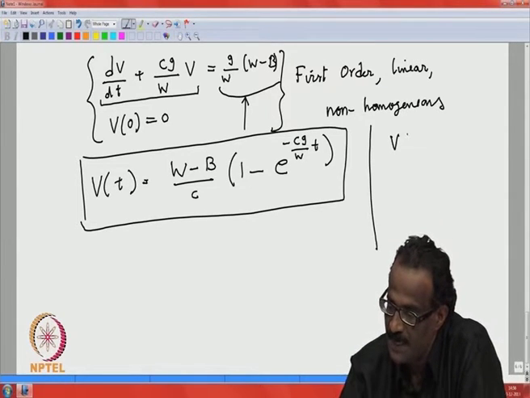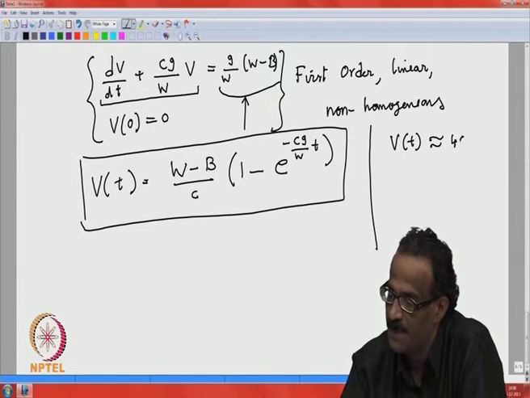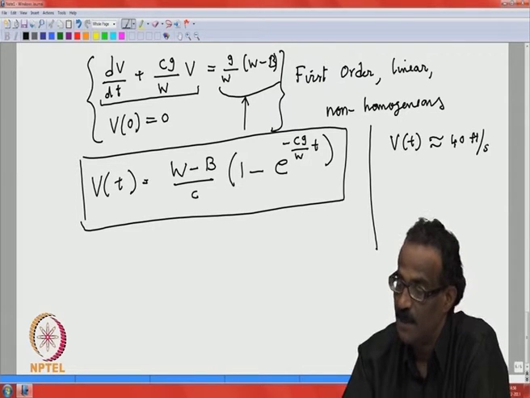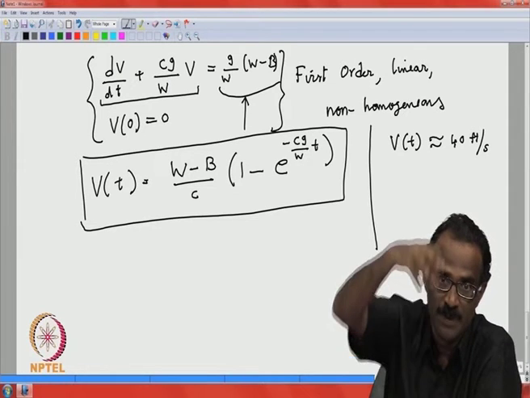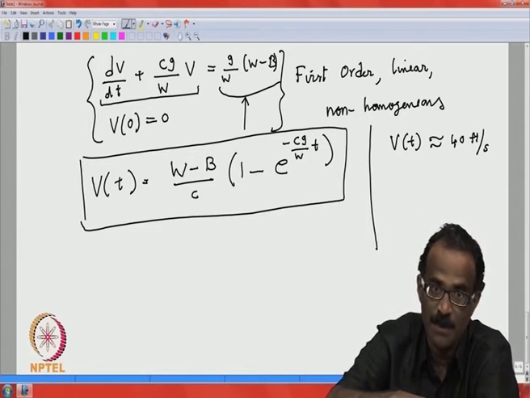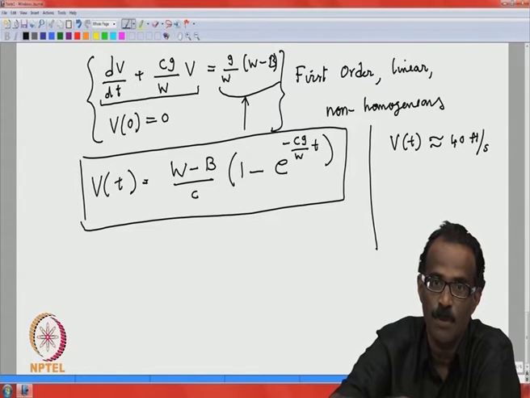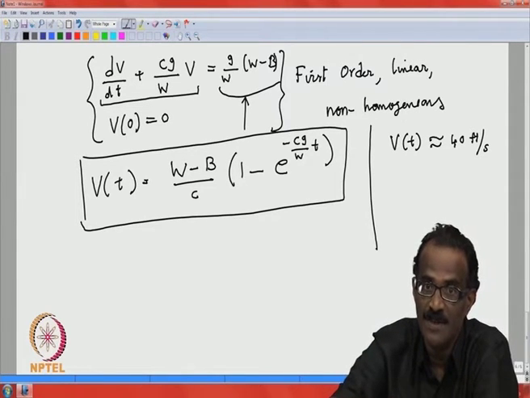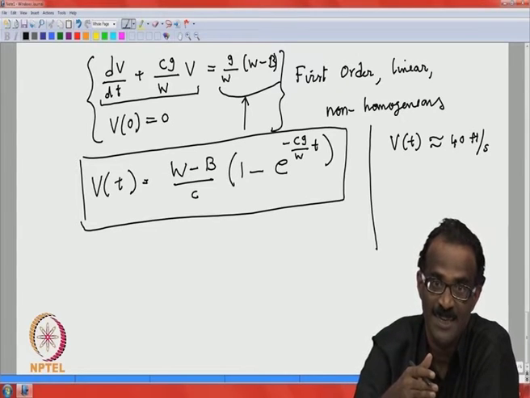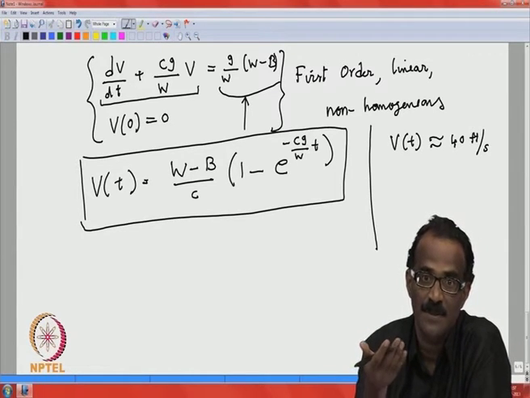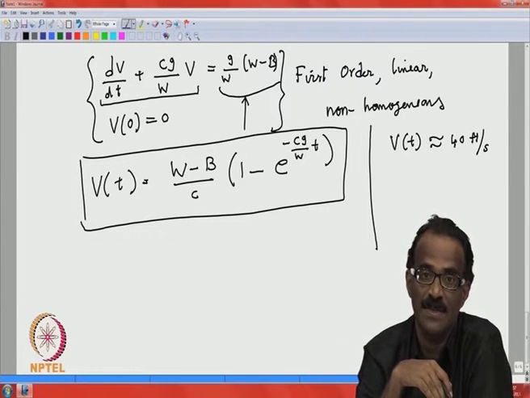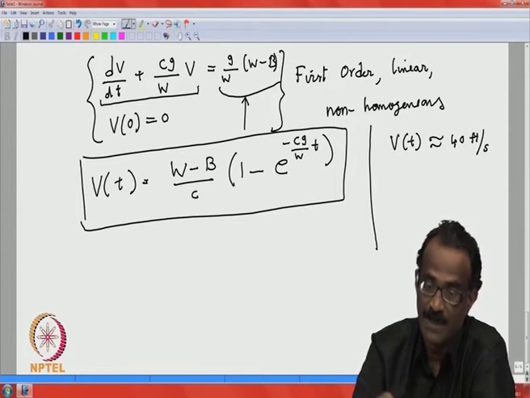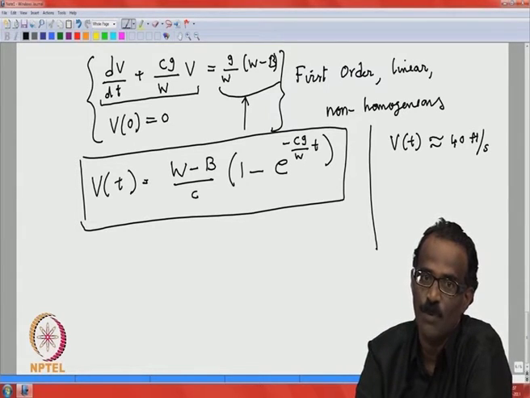If the velocity V(t) is approximately 40 feet per second, this is a computation done by the people, then if you drop the drum and by the time it reaches the bottom the velocity crosses 40, there is a chance that these drums will break. The velocity will keep on increasing, and that is why the analysis is now required.